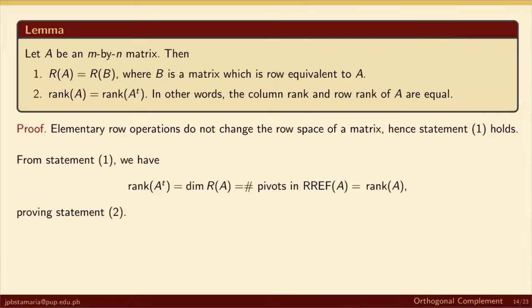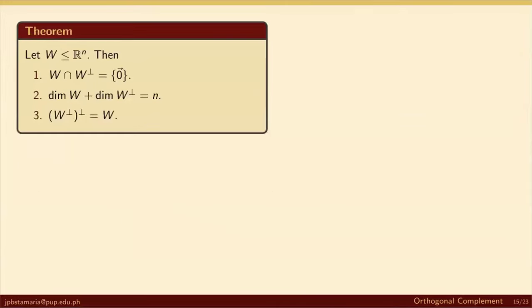Now that we have this information with us, we are now ready to prove or explain the main result of this part of the lesson. Basically, the theorem is telling us some information about the orthogonal complement of a particular subspace.